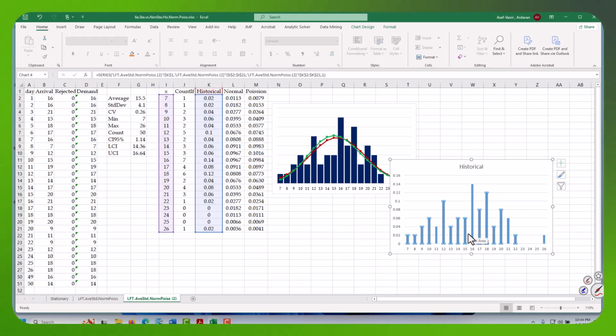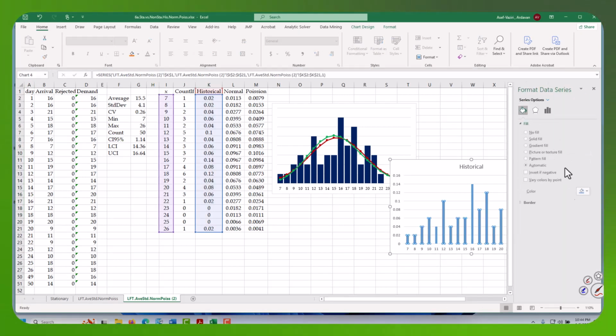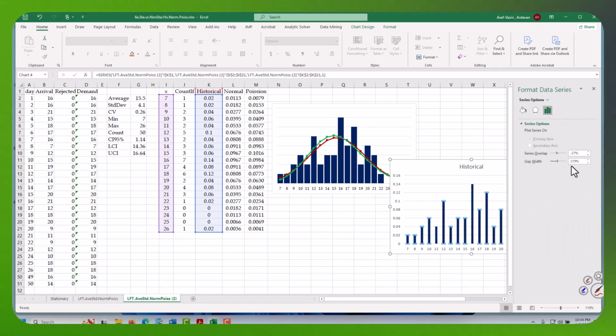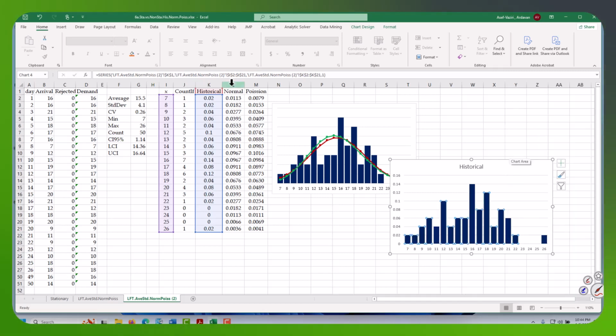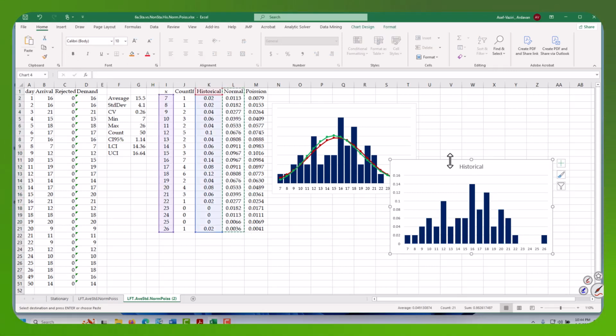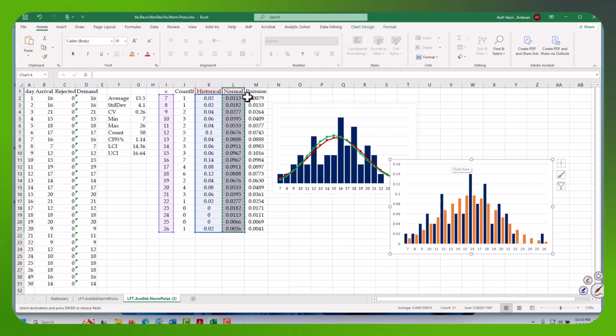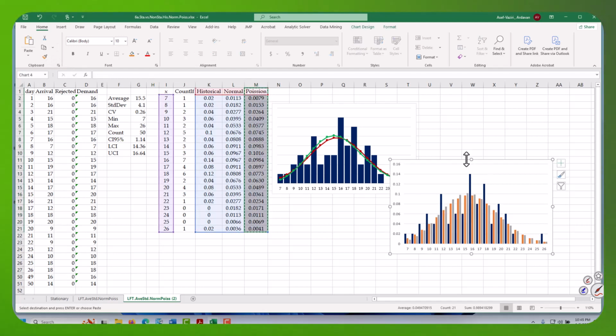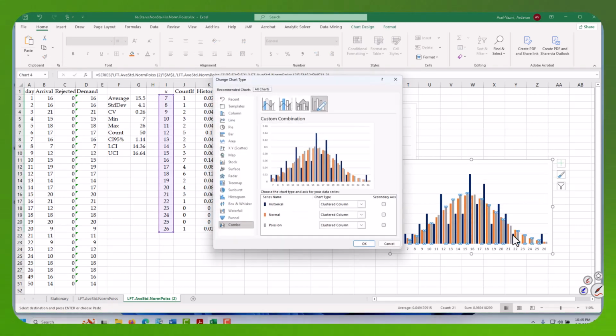Then again, click on this, Control 1 here, change this color to, say, this one, and then you go here and change this gap, say, to 30%. I can go here, copy, click, paste, copy, paste, change series type.